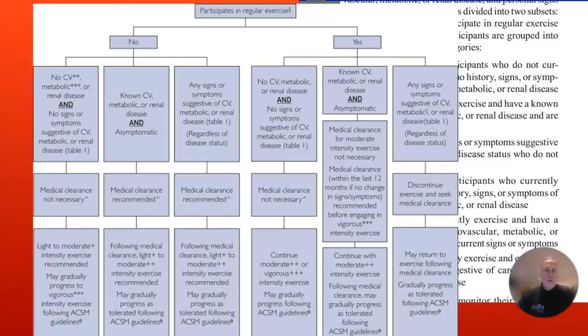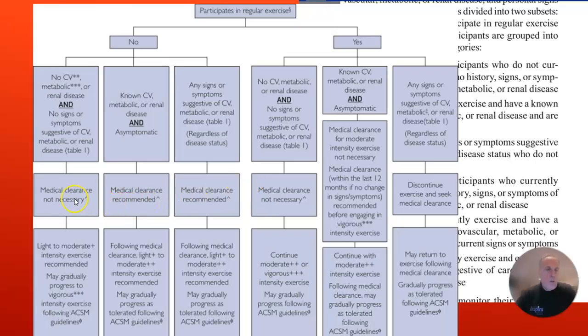Now, if you look at the same thing on this side, no cardiovascular, metabolic, or renal disease, and they do work out regularly, and they show no signs or symptoms, no medical clearance necessary. So what you'll notice is for all 6 of these subcategories, 3 of them the person doesn't work out, 3 of them the person does.